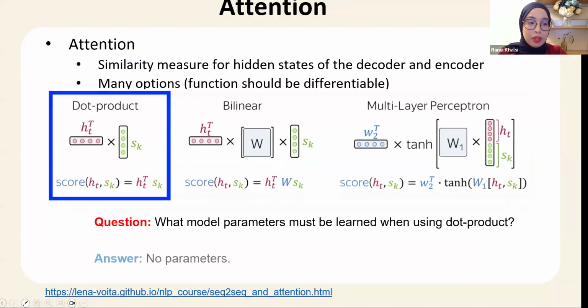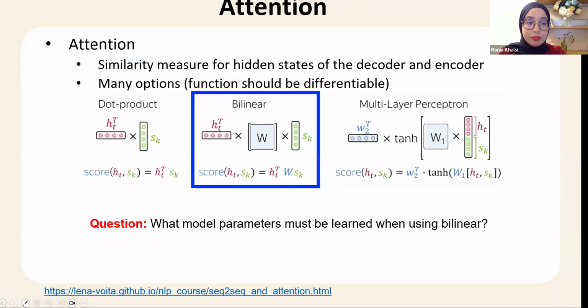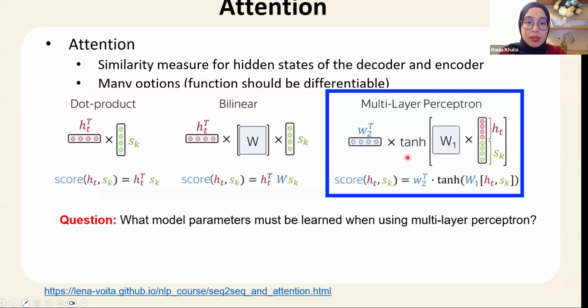Remember? We can use maybe the bilinear if we think about parameters, where we have only one weight matrix, which is W. We can also think of the multi-layer perceptron, which introduces two matrices of weights.